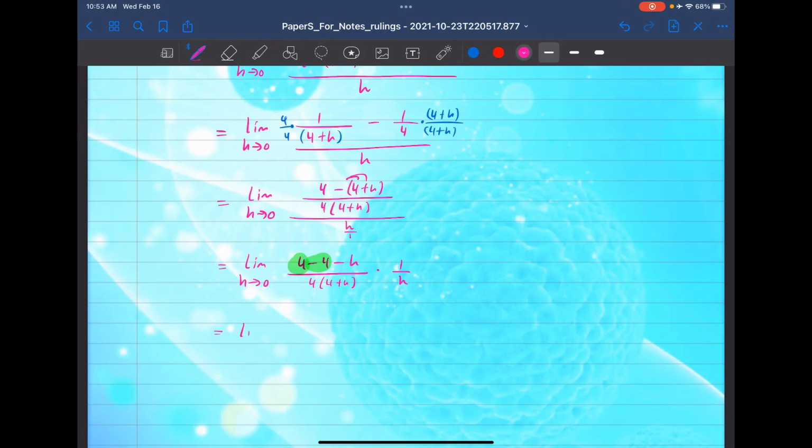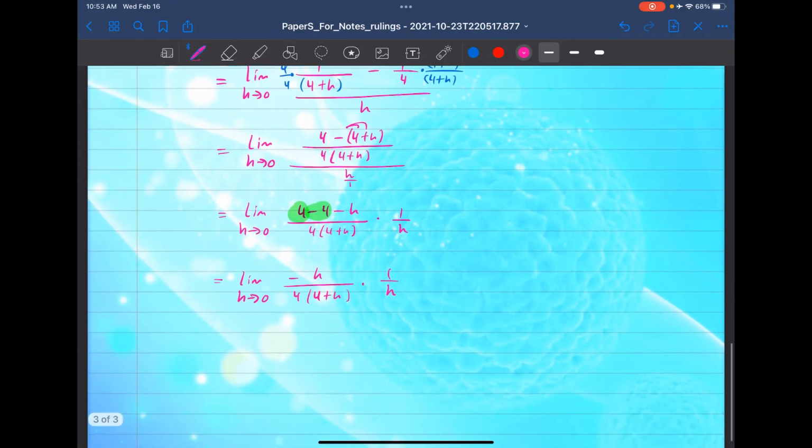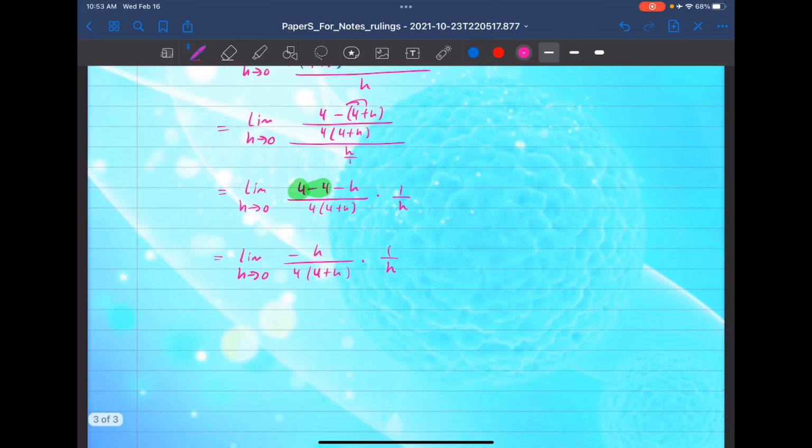So this leaves us with the limit as h approaches 0 of negative h over 4 times 4 plus h, times 1 over h, which I reciprocated earlier. And now I see that the h's can cancel out. That leaves me with the negative 1 on top. So we have the limit as h approaches 0 of negative 1 over 4 times 4 plus h.